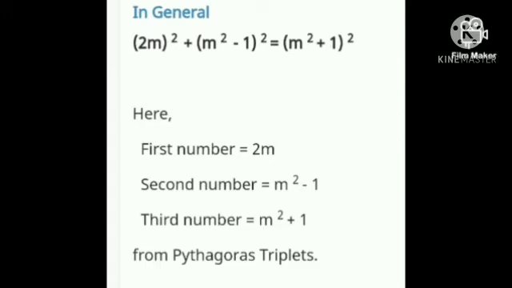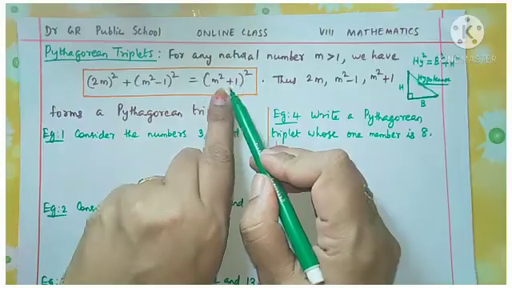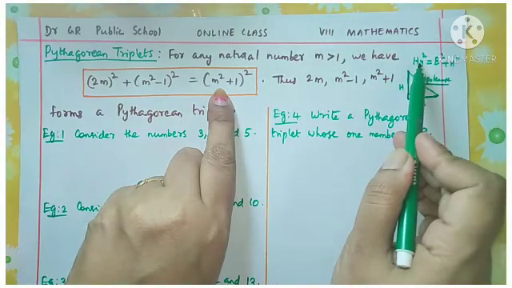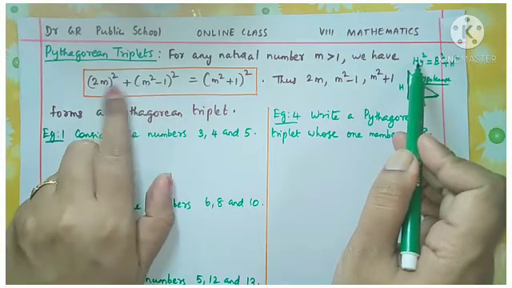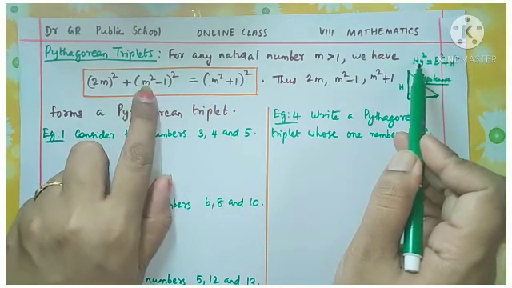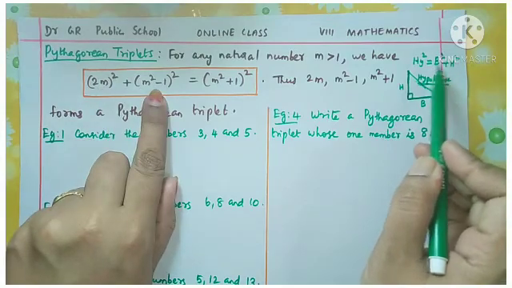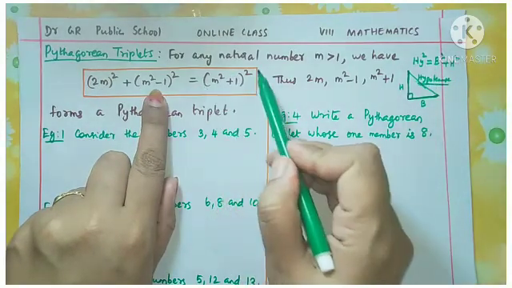If you compare with this Pythagoras property, you see this right side, (m square plus 1) whole square, will be the biggest, means it is equal to the hypotenuse, and these two squares that are added will be one base, one height. So this will be the greatest number.